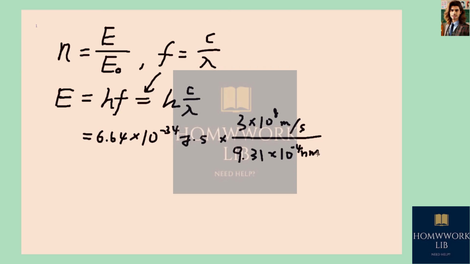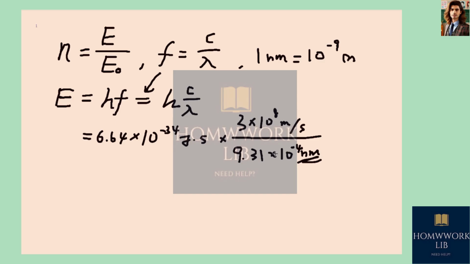However, here we need to be careful. We need to change this nanometer into the standard unit, meter. So we know 1 nanometer is 10 to the negative 9 meters.